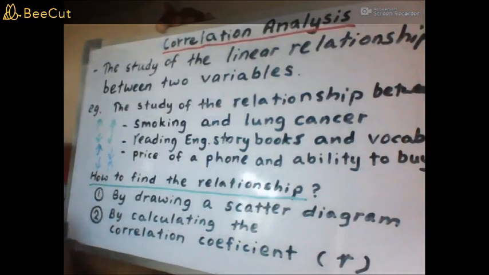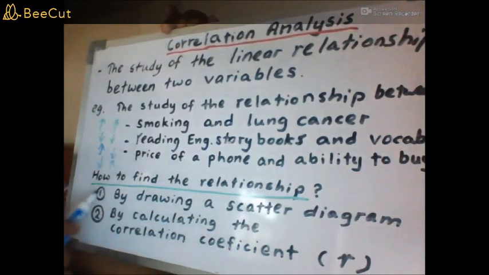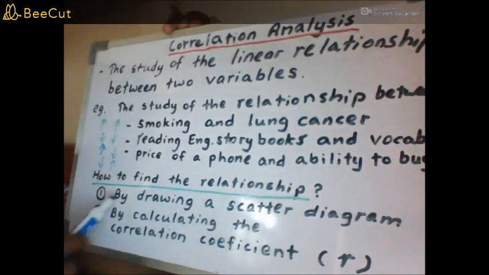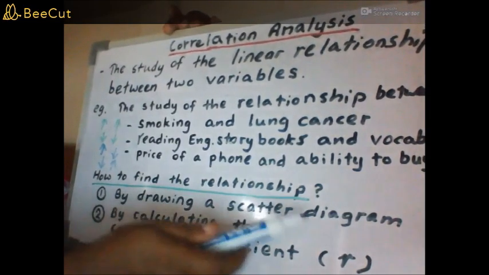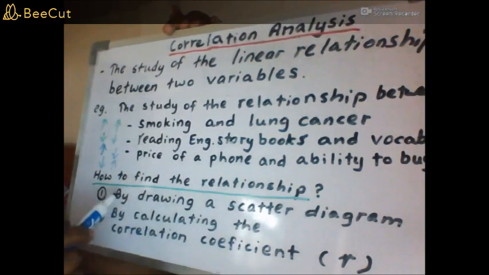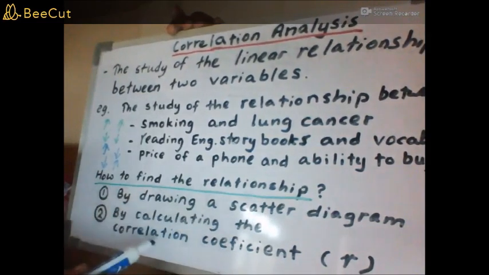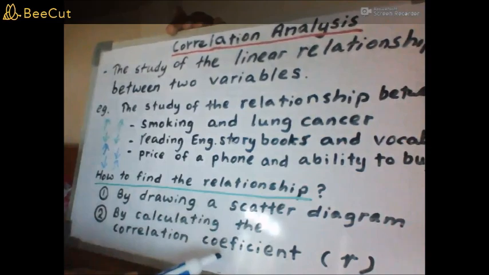Now, to find the correlation or to study the relationship, there are two ways. One is by drawing a scatter diagram. First, you have to draw a scatter diagram and then you'll have to find the relationship. Second method is by calculating the correlation coefficient.